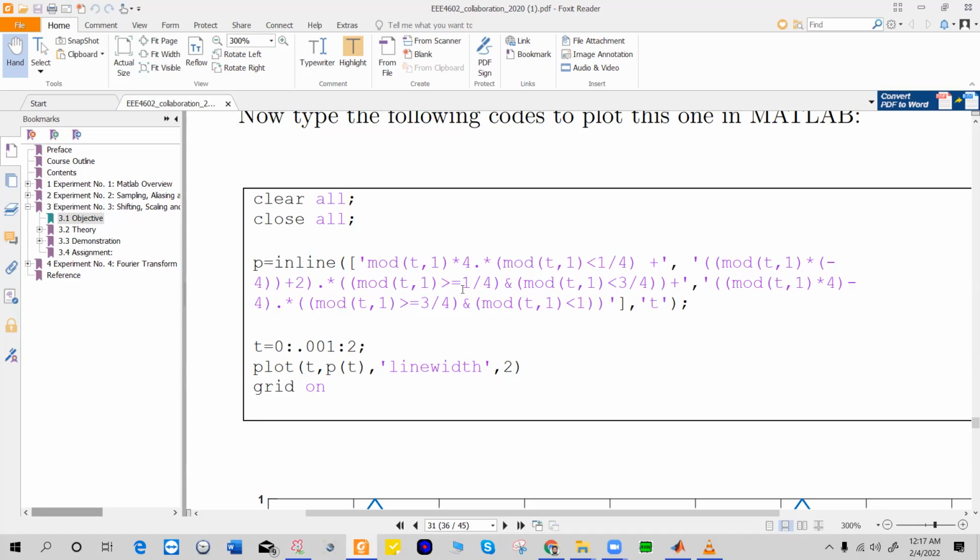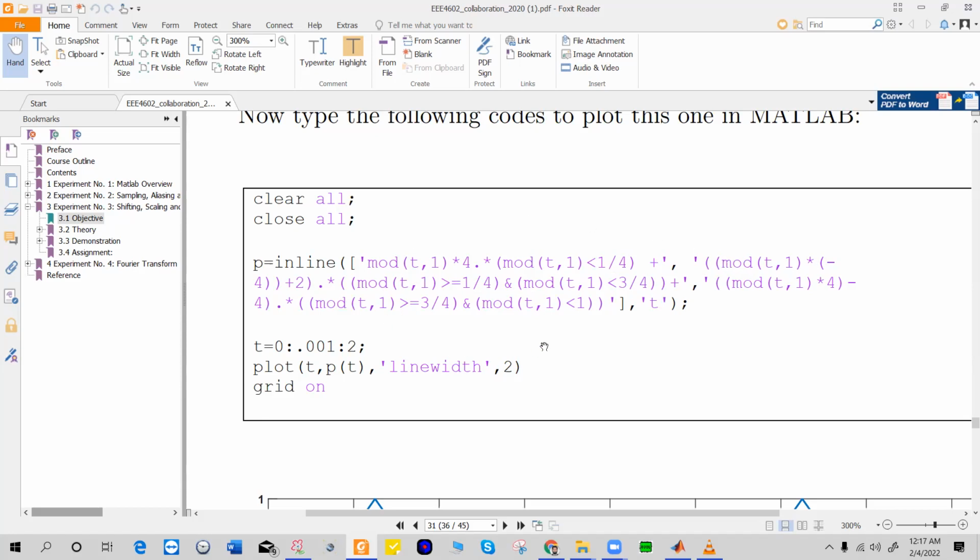Only the second condition will be true, that is 0.5 is greater than 0.25 and less than 0.75. As a result, it will give you 1 into 2 minus 4t, which equals 2 minus 4t. That's why only this condition will be applicable and the value will be calculated accordingly.